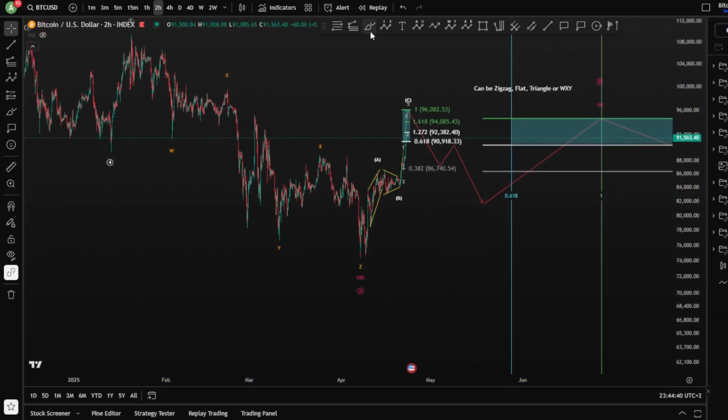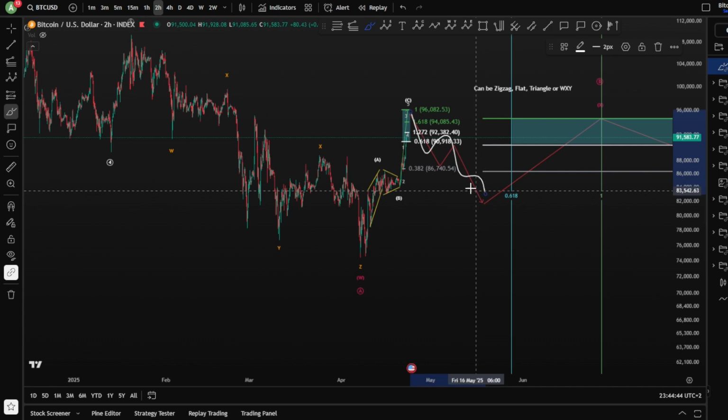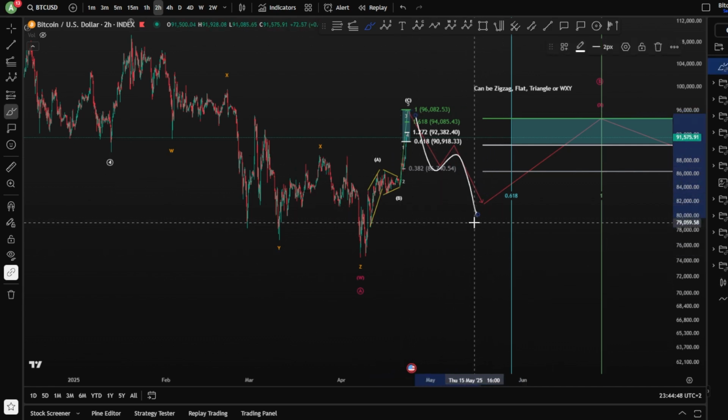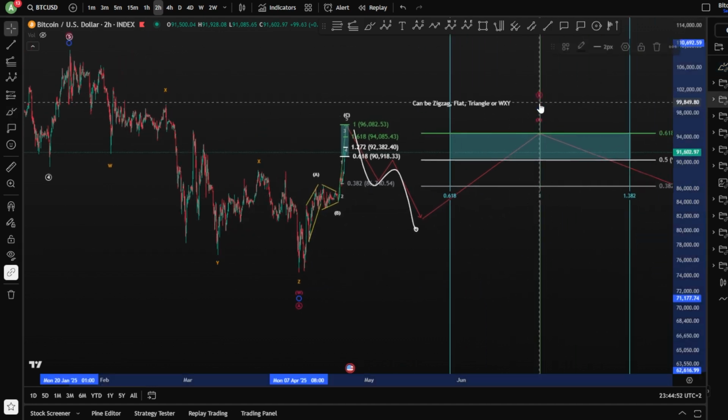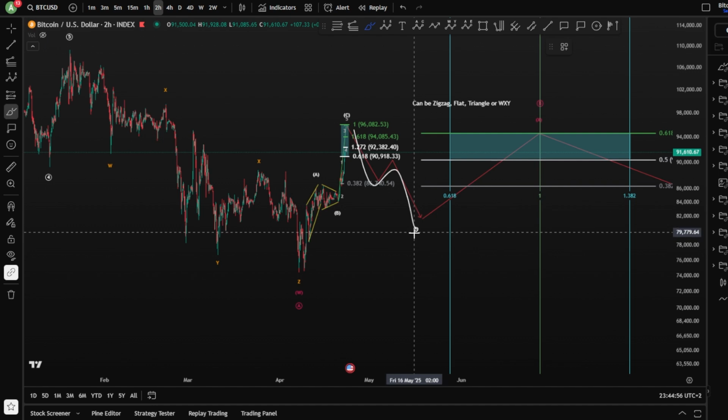In case it doesn't unfold a very fast wave A as an impulse, it might unfold three waves towards the downside. Now, these three waves towards the downside open several scenarios for a wave B to be finished inside this blue box as expected before and in the deep analysis.